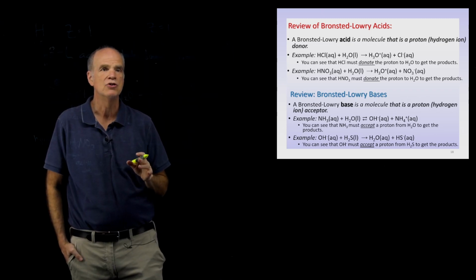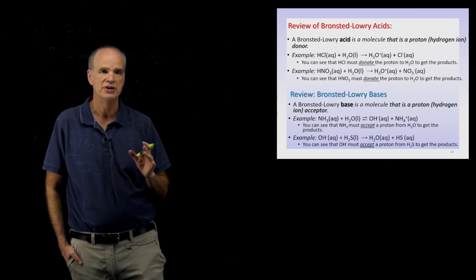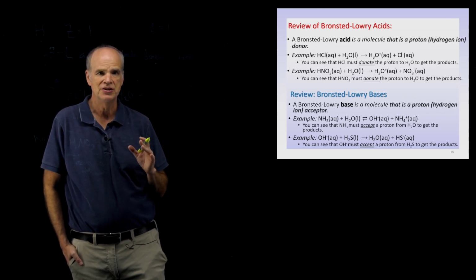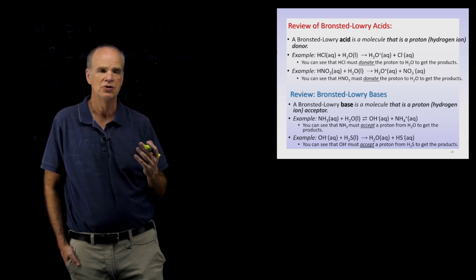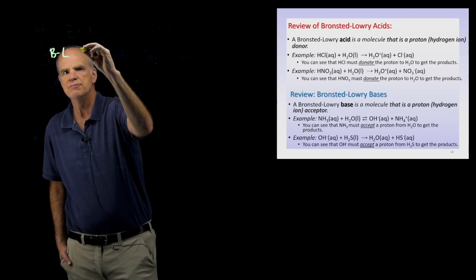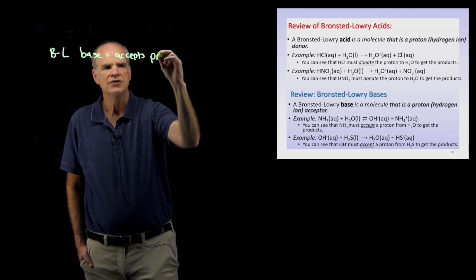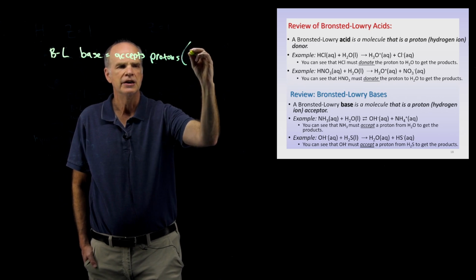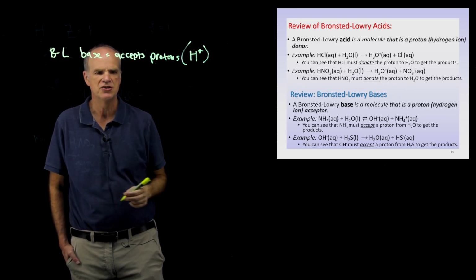Okay, so while a Bronsted-Lowry acid is a molecule that donates a proton, a Bronsted-Lowry base is kind of the opposite. It is a molecule that accepts a proton. So let me write here that a Bronsted-Lowry base accepts a proton or protons. And again, just to remind you that the proton is just a hydrogen ion.